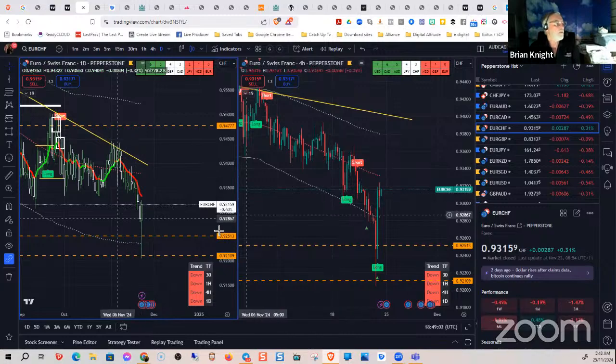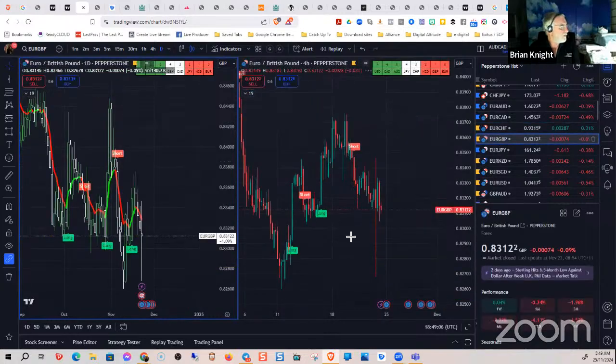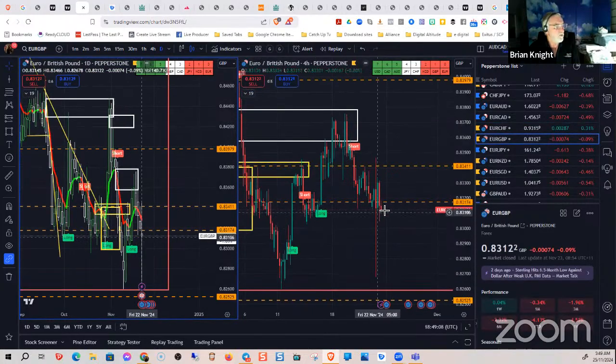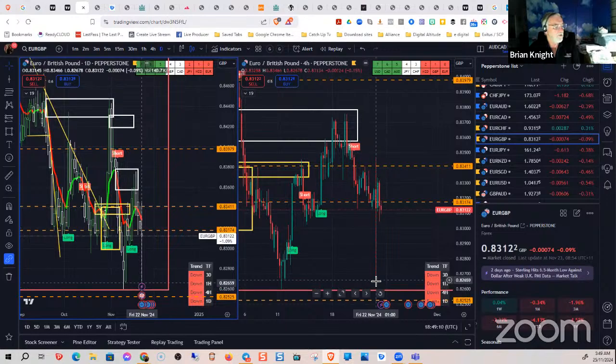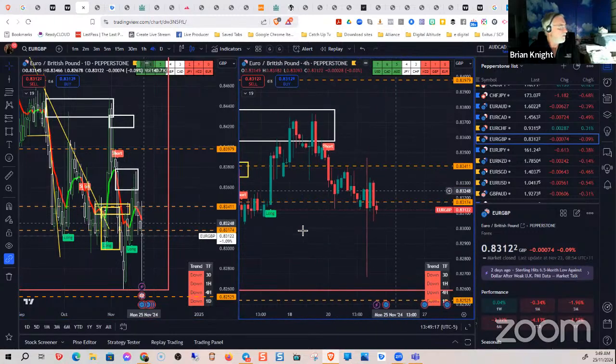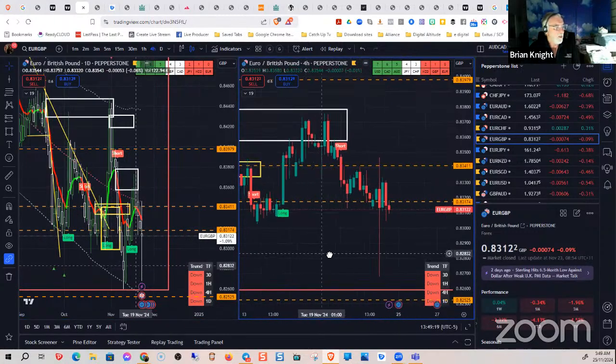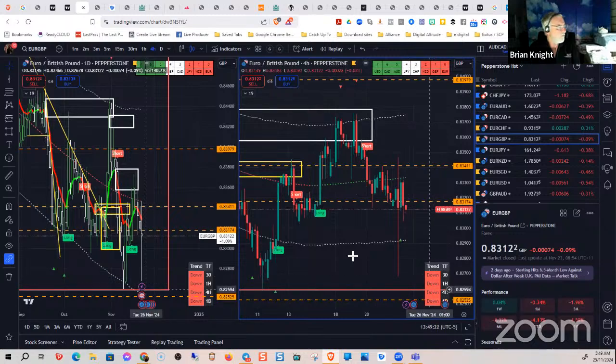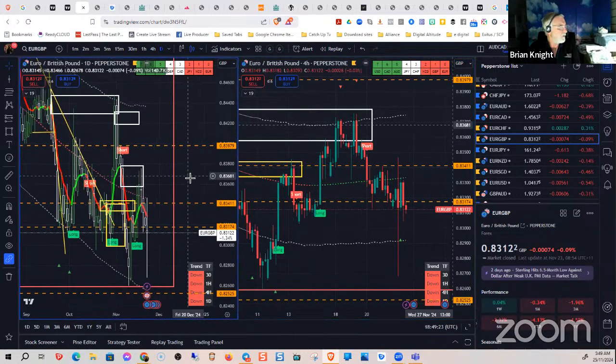Okay, Euro GBP still sideways on that one too. Look at the euro drop, pull back up. Such a big wick on that. Look at it. Trend is just super down now.